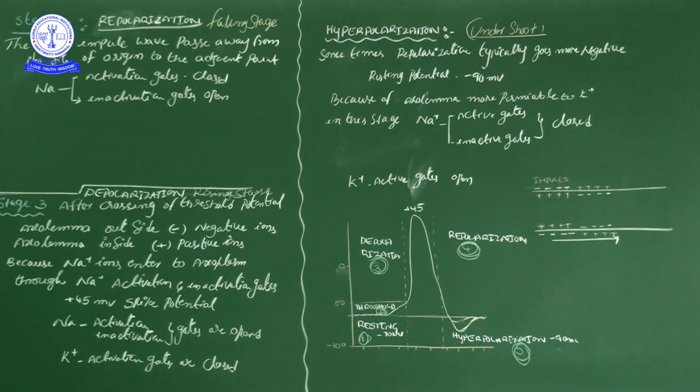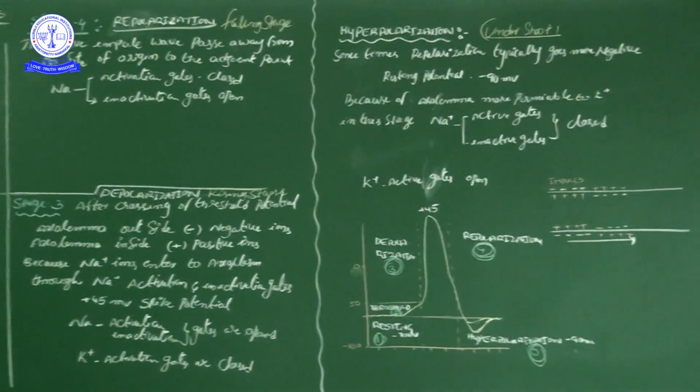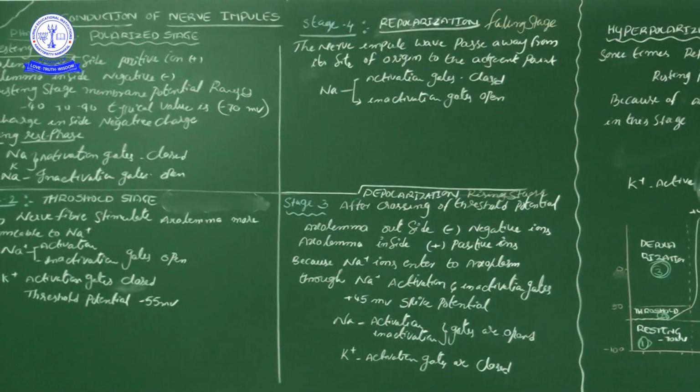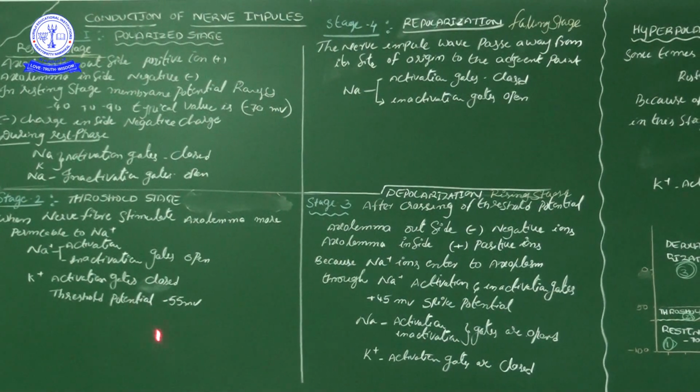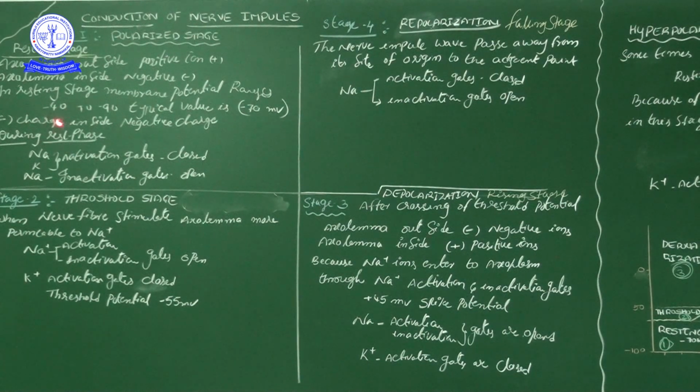Okay, in the first column I mentioned the typical values, from -40 to -90.